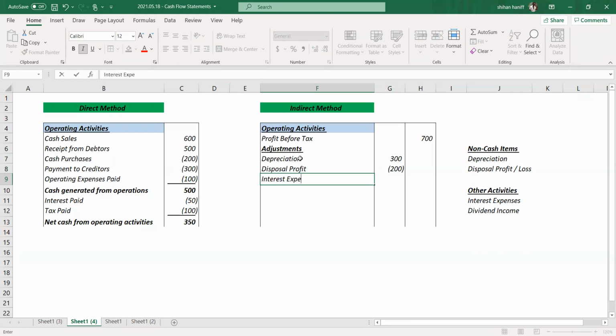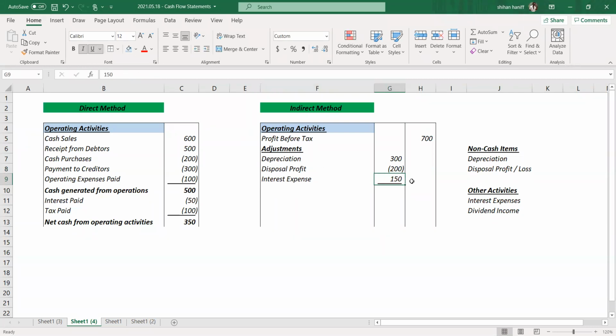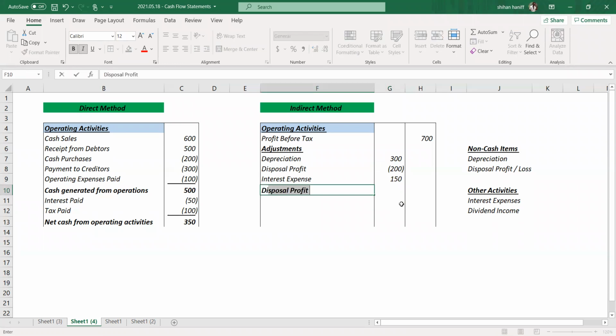Interest expense will be added back. Dividend income.